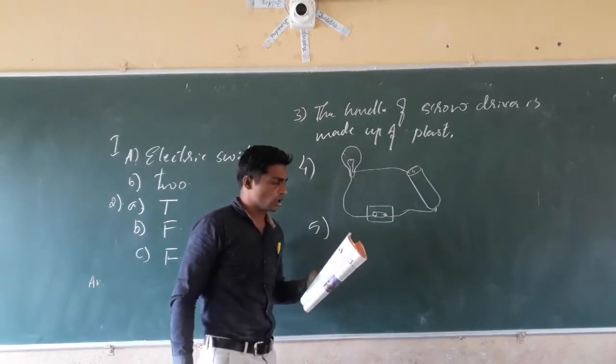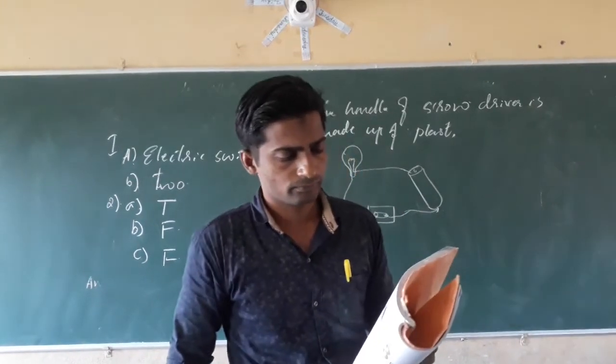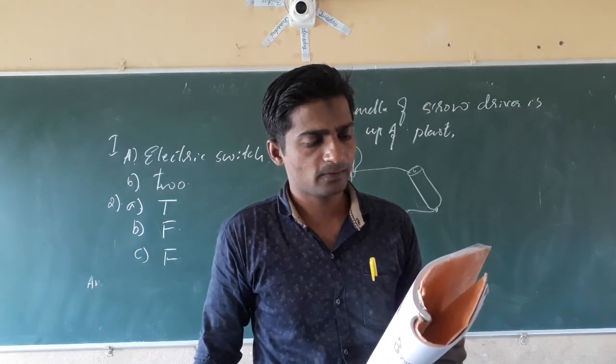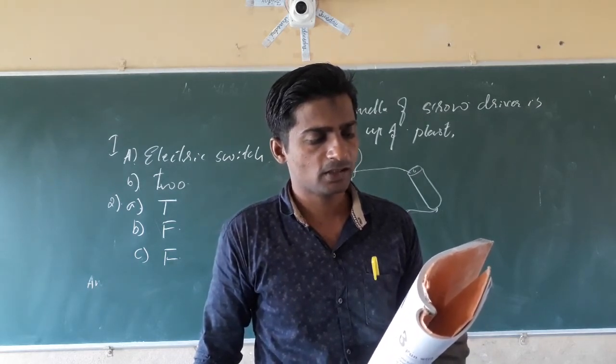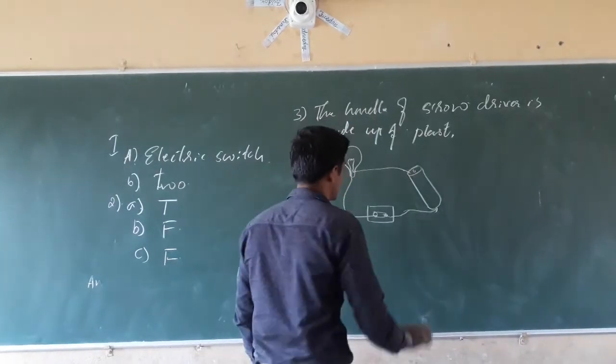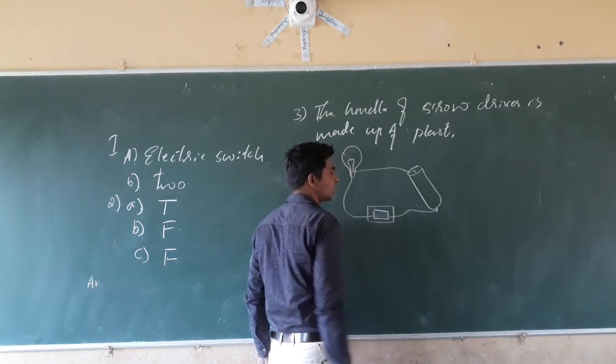Would the bulb glow after completing the circuit shown in figure 12.14 if instead of a safety pin we use an eraser? No. If we use the eraser here in the diagram, what happens?